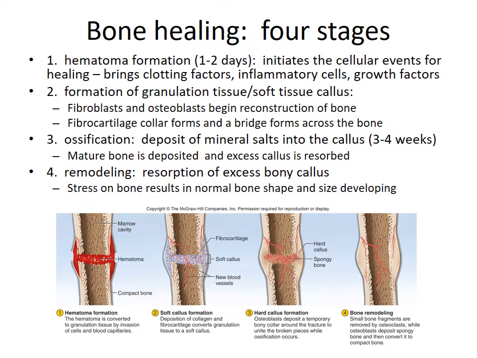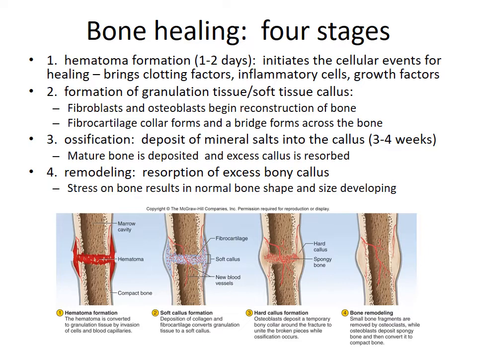So bones can heal themselves if they are positioned appropriately, which we'll talk about. There are 4 stages that we think about with bone healing. The first stage is hematoma formation. A hematoma is just a blood clot. So after you break the bone, it is going to bleed because bones have blood vessels.